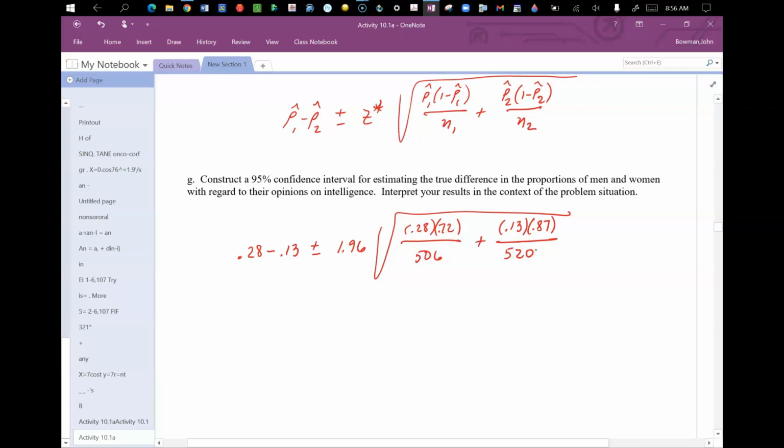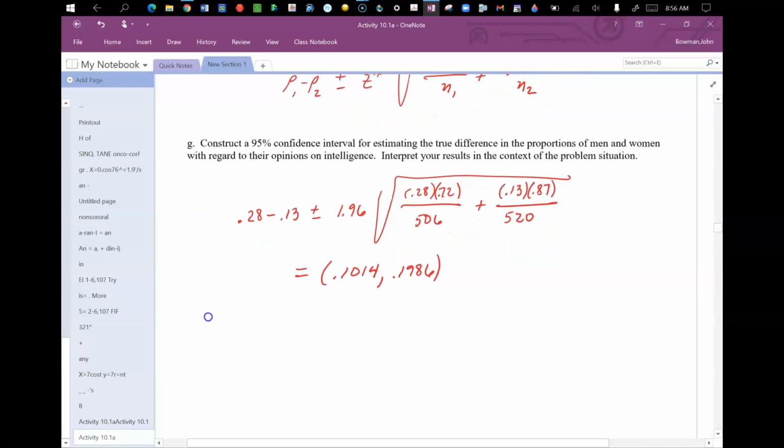And our confidence interval, if we were to then go to our calculator, which I will show you in a moment, is going to be 0.1014 to 0.1986.